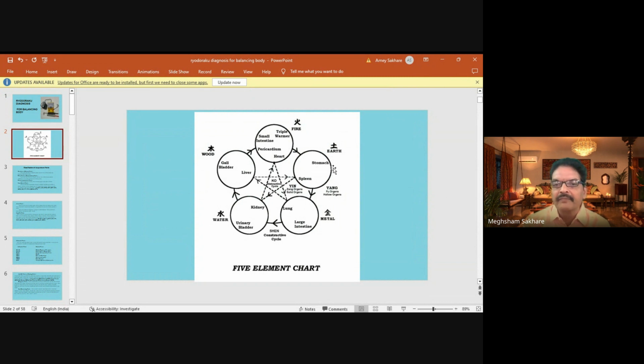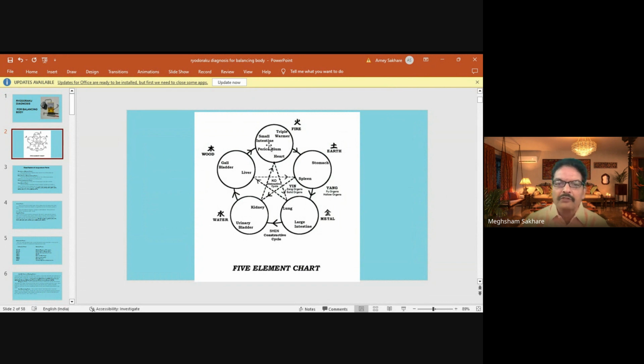Wood cuts earth, means wood controls earth, and earth controls water by a dam. By building a dam, some water can be controlled. But when there is a water flood, earth cannot control. So there is a limitation of controlling all elements.